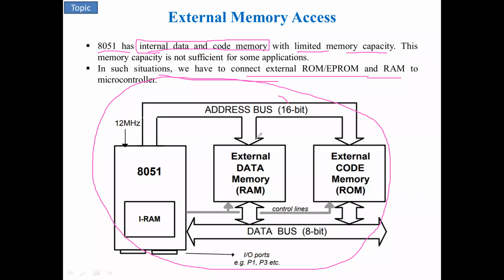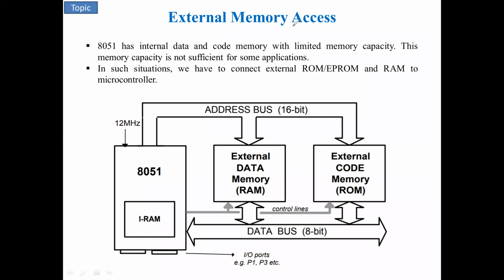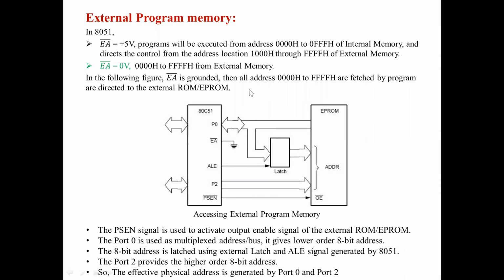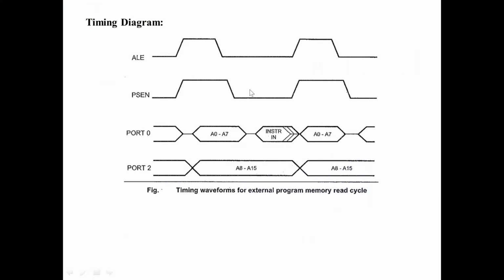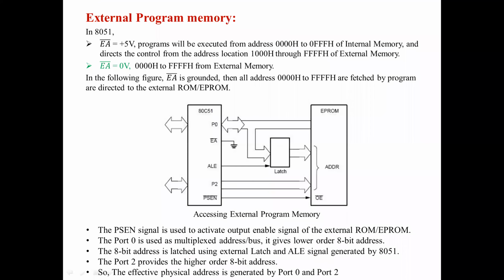Let us see one by one how the data memory and the external program memory are interfaced with 8051. This class I will end with only this portion. Next class we will see the external data memory interface.